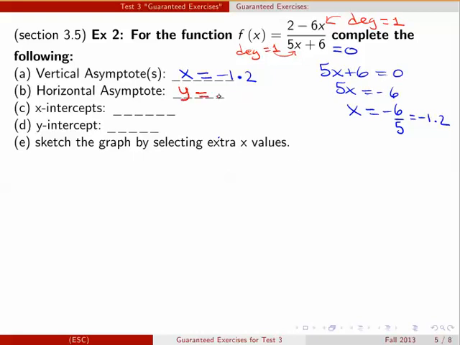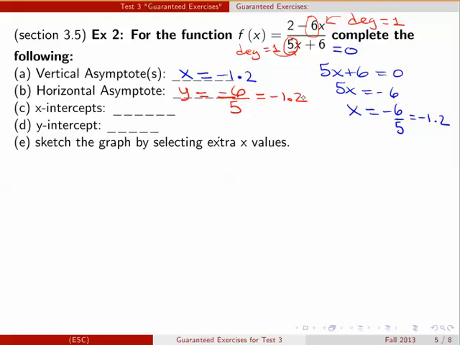What you do is look at the number multiplying x with the highest power, in this case negative 6. Careful with the negative. And then on the bottom, the number is 5. So the horizontal asymptote is y equals negative 1.2.